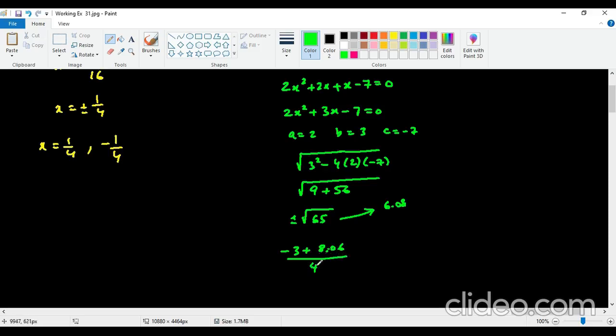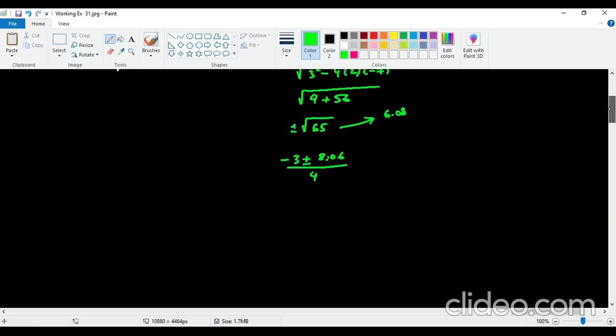Now we have two different values: minus 3 plus 8.06 divided by 4, and another value is minus 3 minus 8.06 divided by 4. This is going to give us 5.06 divided by 4, and on the other side it is going to be minus 11.06 divided by 4.